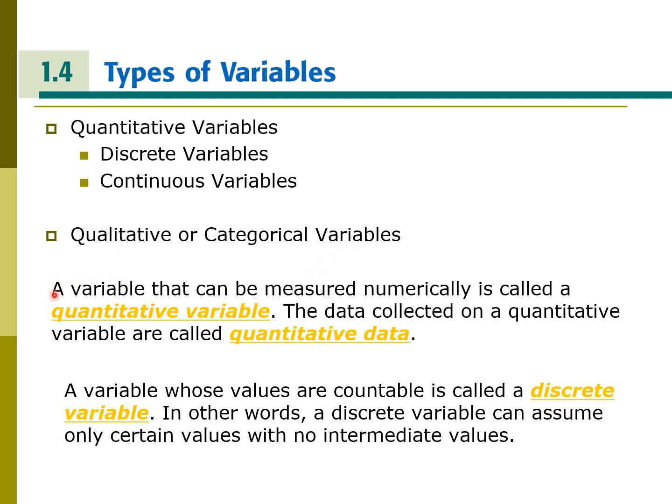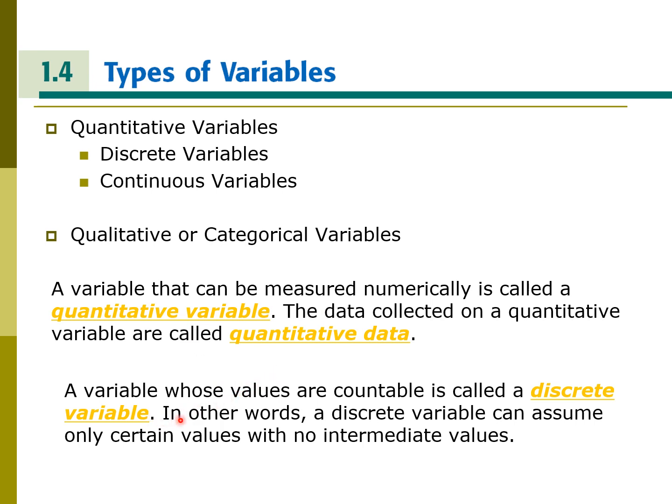If you can measure the variable numerically, then we say it is a quantitative variable. But if you are looking at the data collected on a quantitative variable, then we say it's what? Quantitative data.